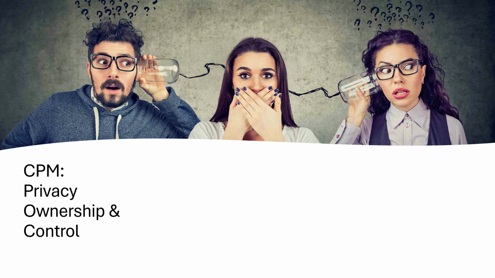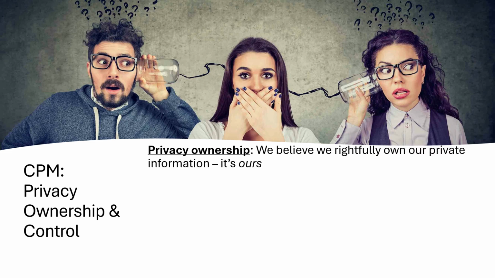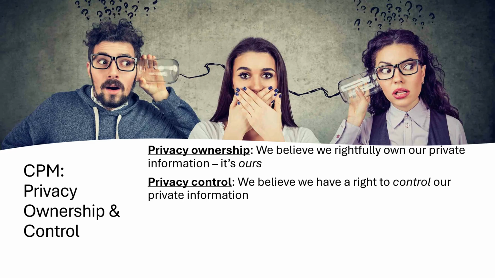We'll start with privacy ownership and control, and cover both of those at the same time here. So, privacy ownership is the idea that we believe that we rightfully own our private information, right? This is your information, it's no one else's information. And therefore, privacy control reflects the idea that we believe that we have a right to control our private information.